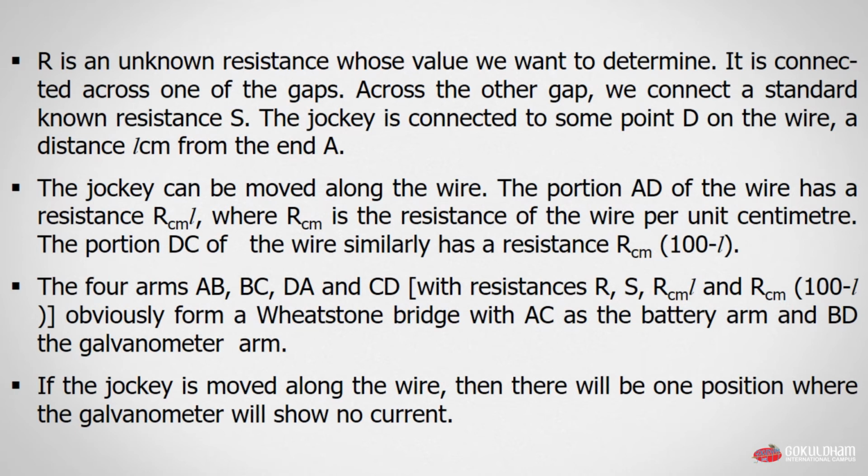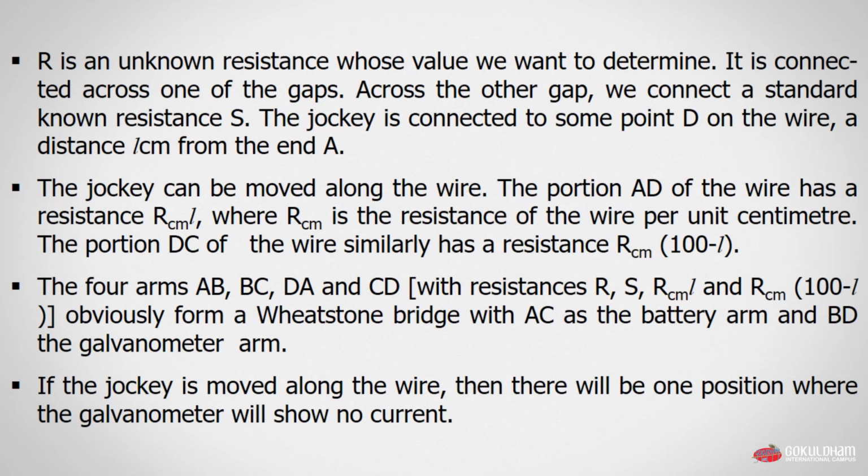The jockey is connected to some point D on the wire at a distance l centimeter from the end A. The jockey can be moved along the wire. The portion AD of the wire has a resistance of r cm into l, where r cm is the resistance of the wire per unit centimeter.